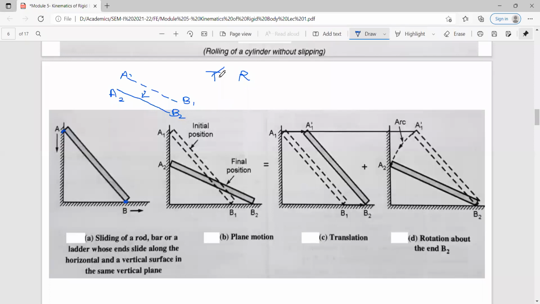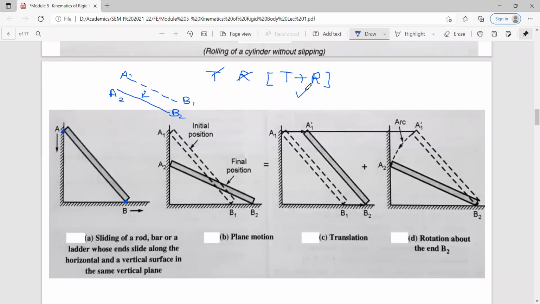So it is neither pure translation nor pure rotation, but the combination of translation and rotation.